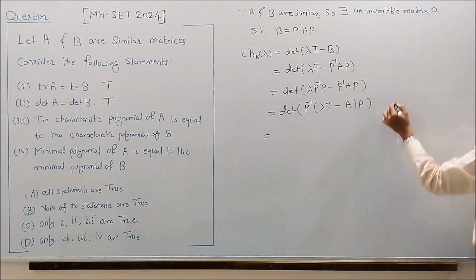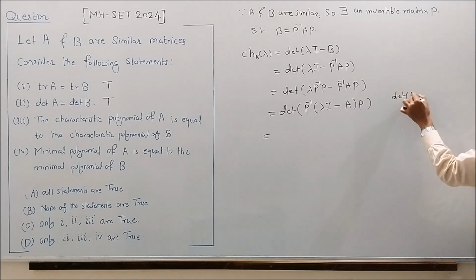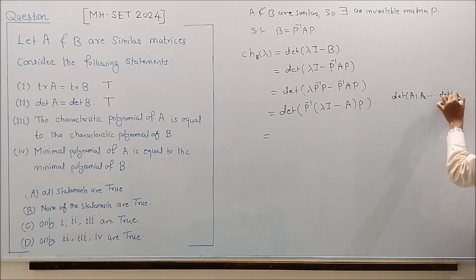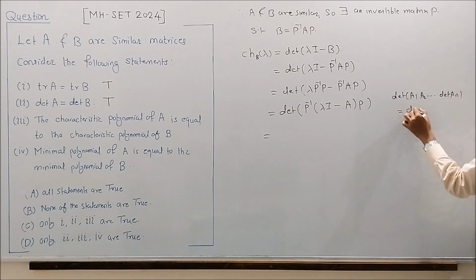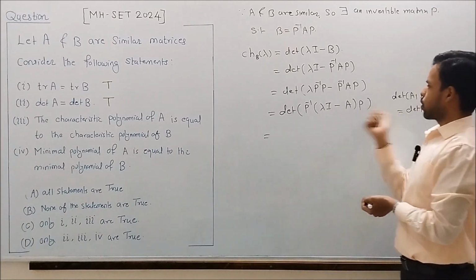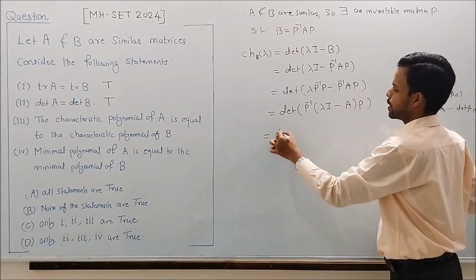Which property? Determinant of A1 times A2 times and so on An is equal to determinant of A1 times determinant of A2 and so on, determinant of An. So apply this property here. What we get?